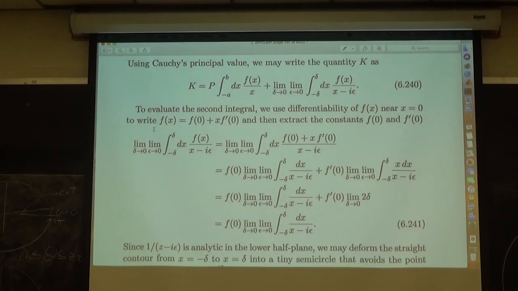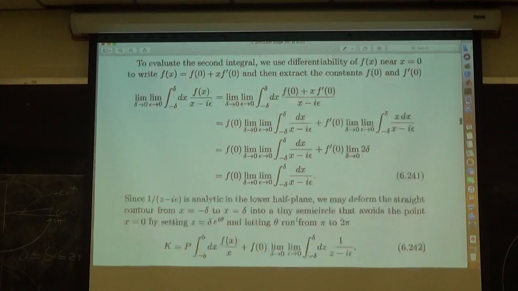So what we're left with as the second part of k, the complicated part of k, in other words, we've defined away one part of k, and then we have the second part of k. The second part of k is then just f of 0 times the double limit.